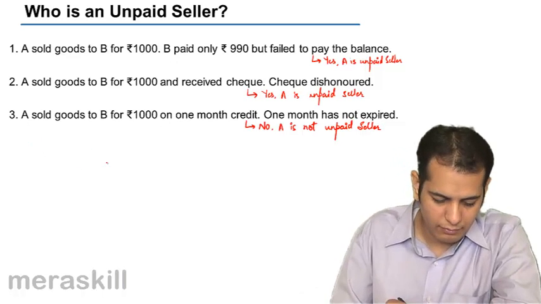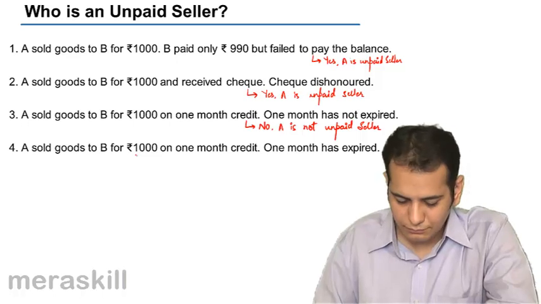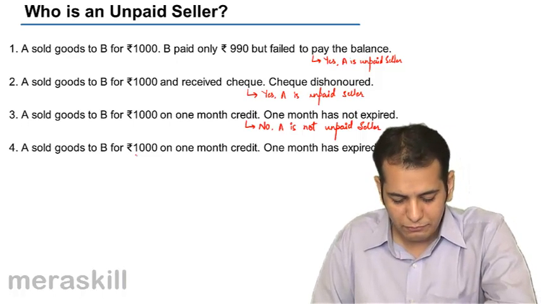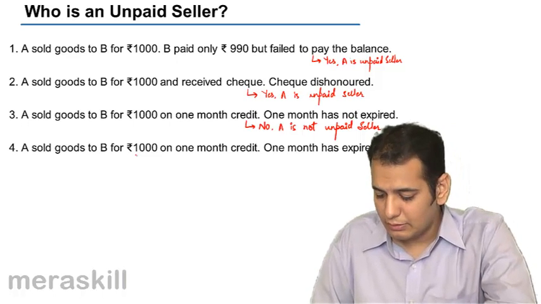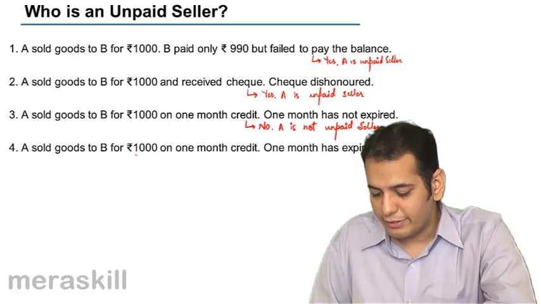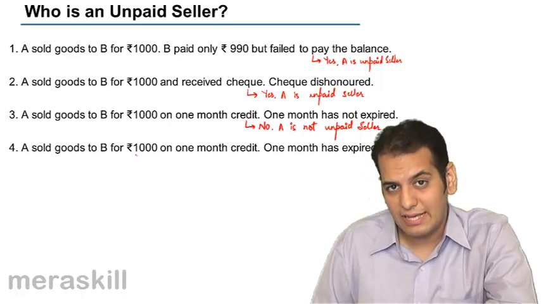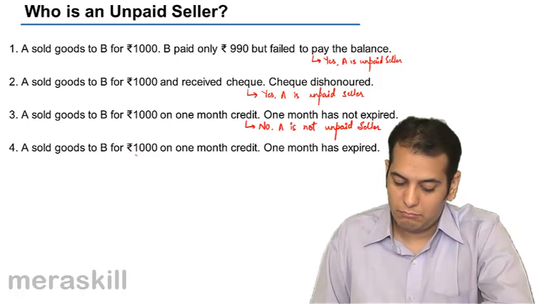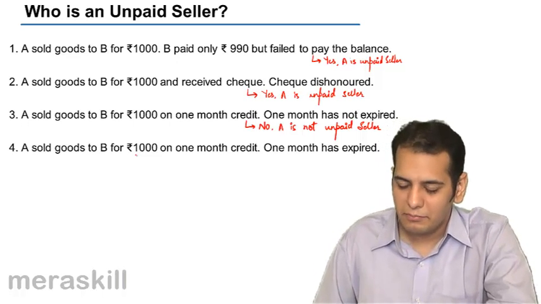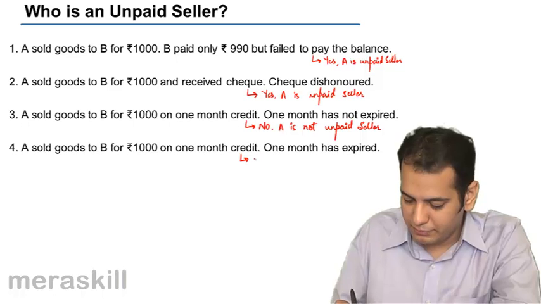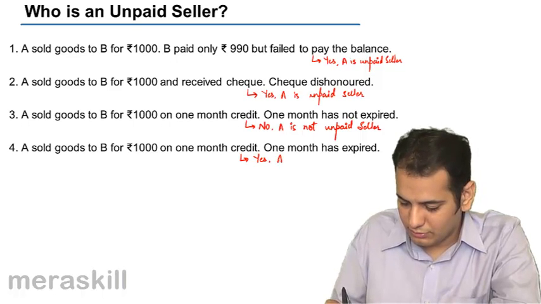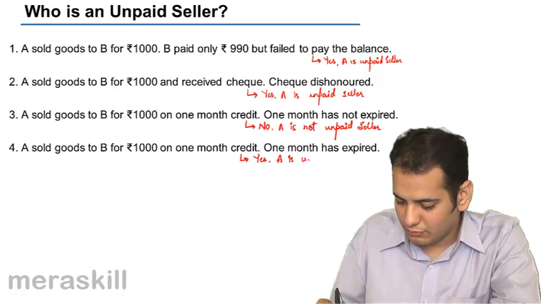Okay. Let's go to the next question. A sold goods to B for rupees 1000 on 1 month credit. 1 month has expired. If 1 month has expired and he's not got the payment, then he surely becomes an unpaid seller.